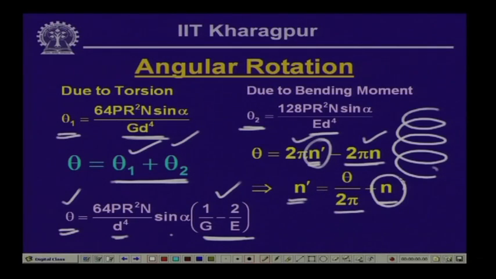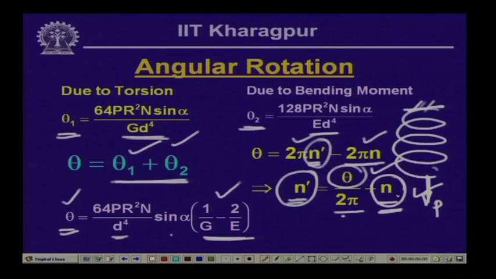So, N is the number of wounds that it had originally, and because of the application of the load P, this particular spring has undergone an angular rotation theta. That will give us the increase in the wound, where N dashed equals theta by twice pi plus the number of wounds N which we had originally, or the difference N dashed minus N equals theta by twice pi.